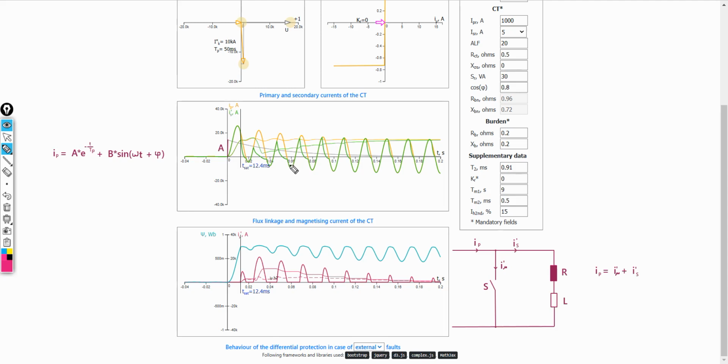Here, for example, it is clearly visible that this is a segment with the exact transformation when the current is transferred from the primary to the secondary side without losses. And here are segments in which saturation occurs. We can also see that the saturation happens almost in every period.